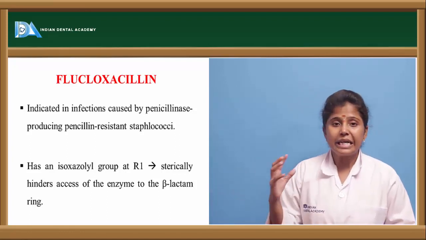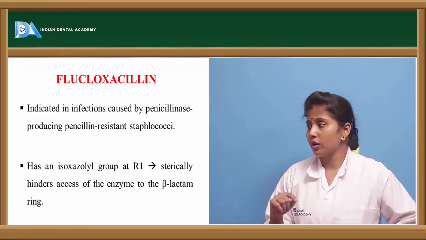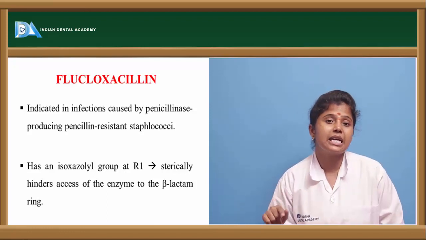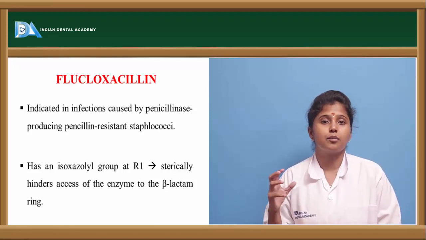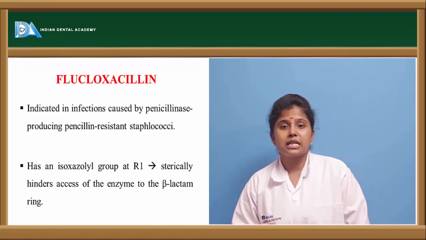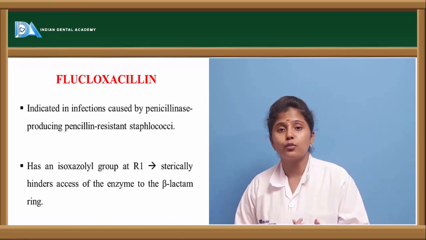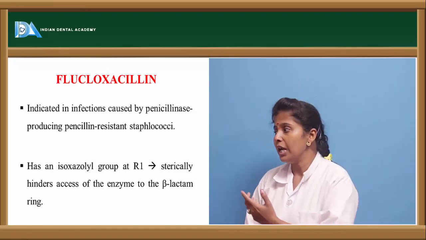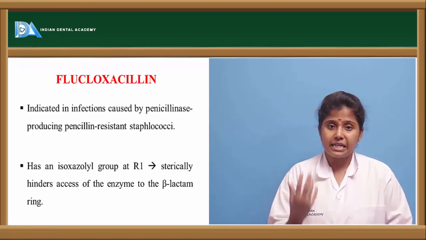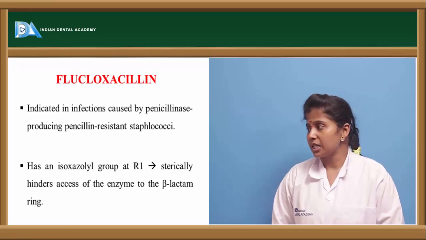So what is its mechanism of action? The R1 group. If we see the structure of the penicillins or cephalosporins, they contain an R1 group. Here the R1 is the isoxazole group present in flucloxacillin, which forms an intermediate compound with the enzyme, and thereby it prevents the cell wall synthesis.